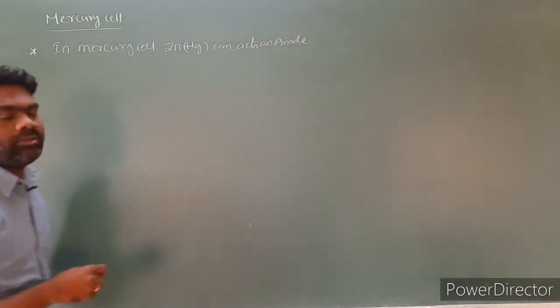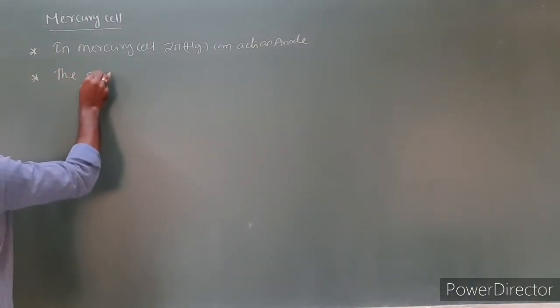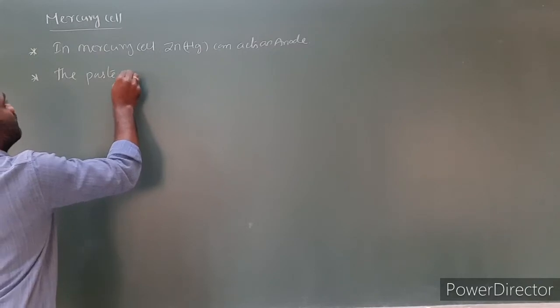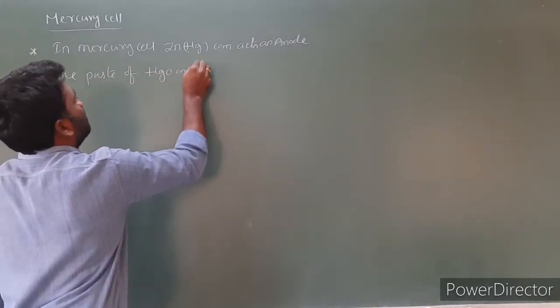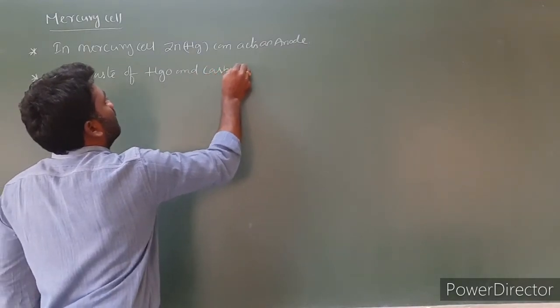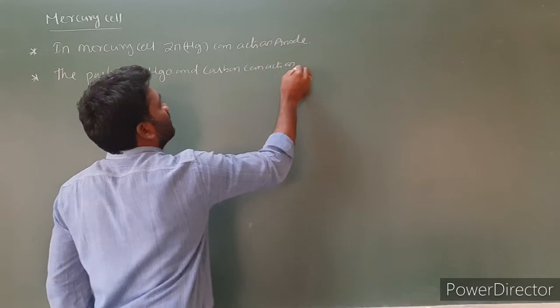This is point number 1. Point number 2, the paste of HgO and carbon acts as the cathode.